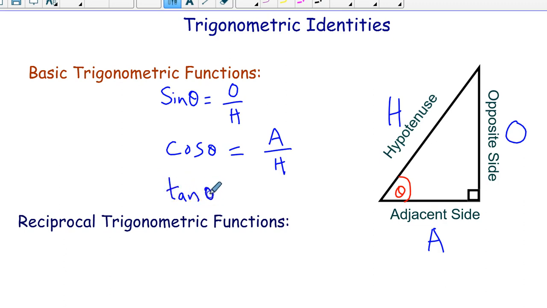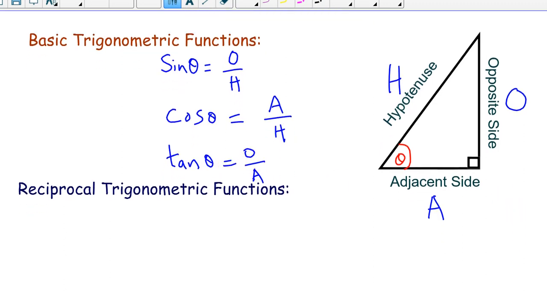Tan theta is equal to opposite side over adjacent side. So these are the three basic trigonometric ratios. Sine of an angle theta is O over H. Cosine is adjacent over hypotenuse. Tangent is opposite over adjacent side.